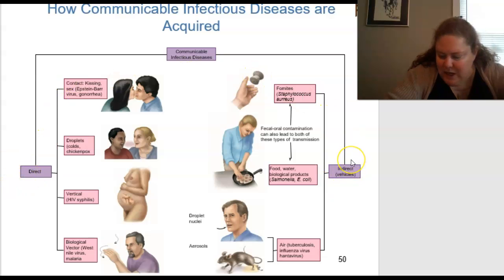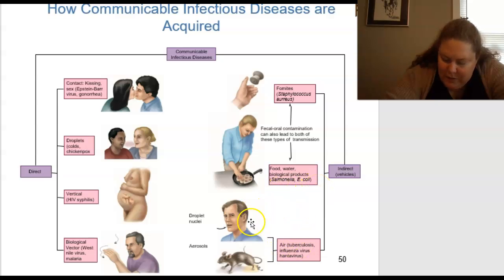We also have indirect transmission vehicles. Fomites are contaminated inanimate objects, and this is how we can pass on Staphylococcus aureus. You can also have oral-fecal contamination that can lead to both of these types of transmissions, such as food, water, and biological products, with Salmonella and E. coli.